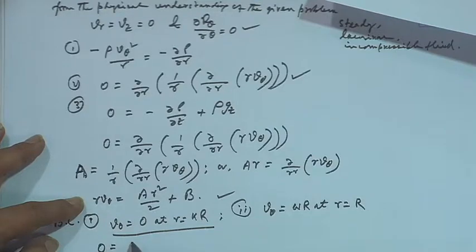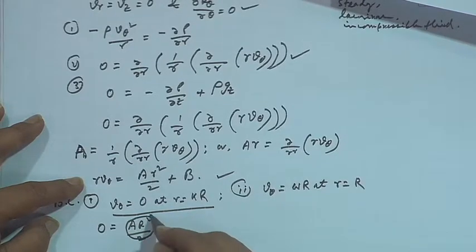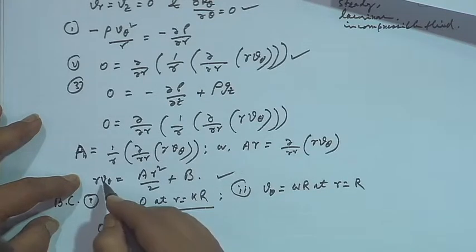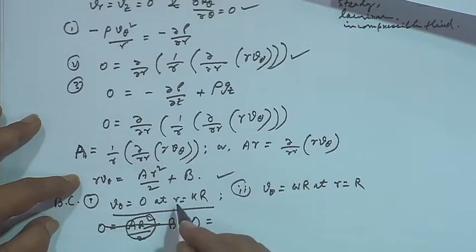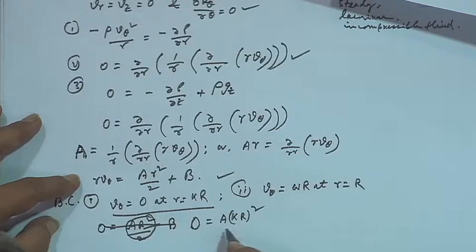So, this becomes a k square R square by 2 plus b.